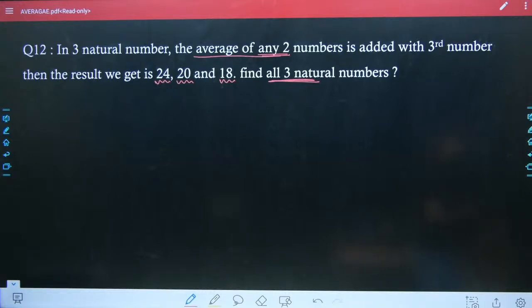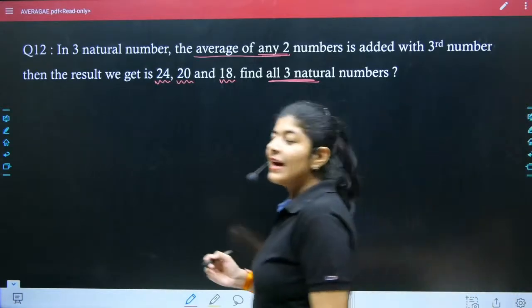How do we calculate this? Okay, let's try to solve this.